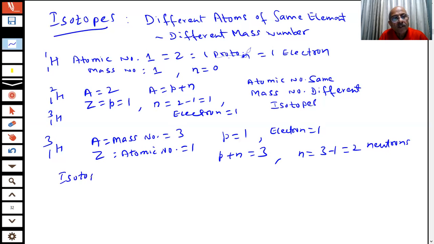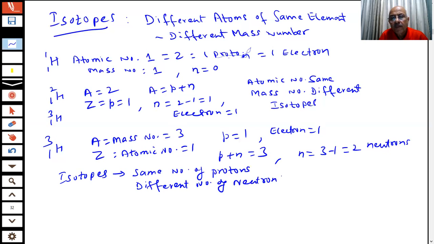Therefore, these isotopes have the same number of protons but a different number of neutrons. And their abundance is different.